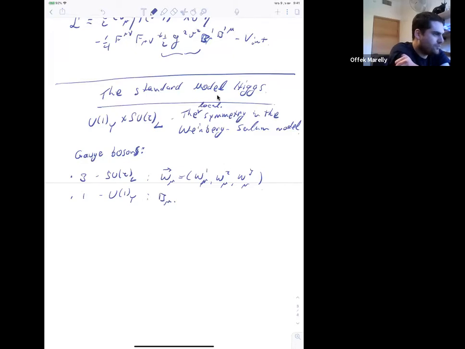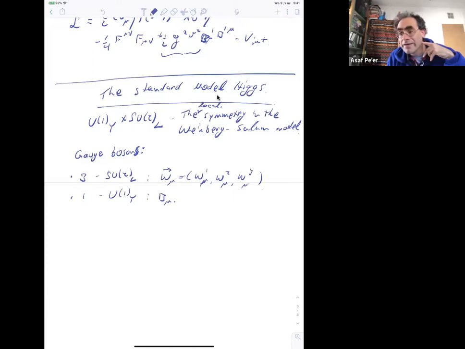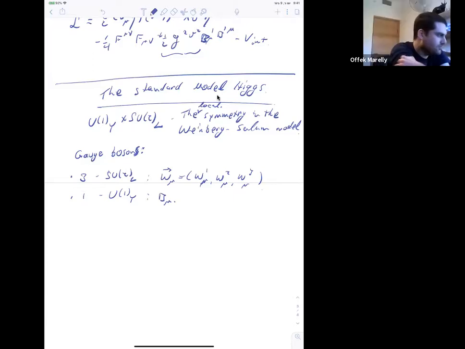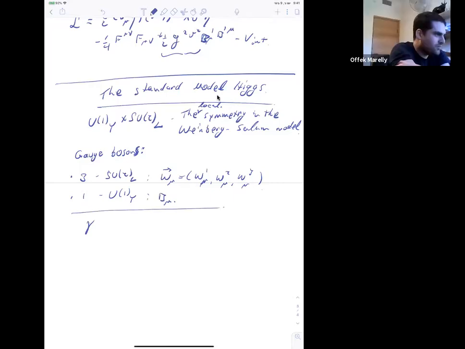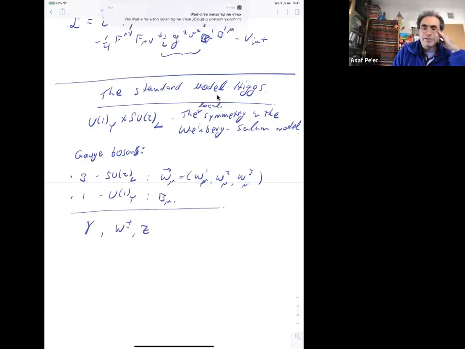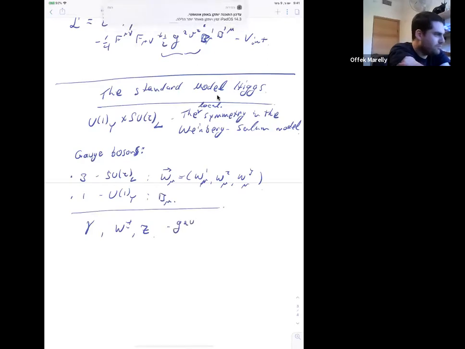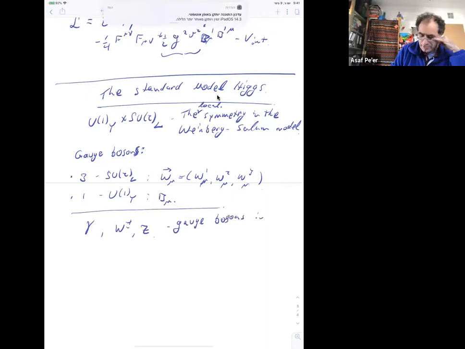Photons, and W plus minus and the Z. How many of those have mass? 3. So in nature, 3 gauge bosons are massive, and 1 is massless.